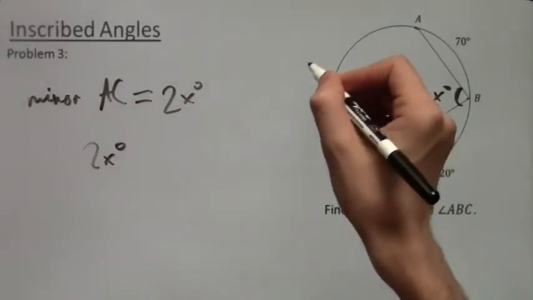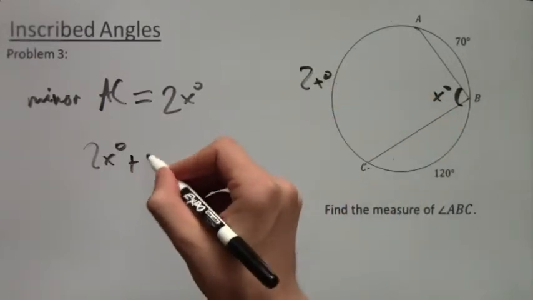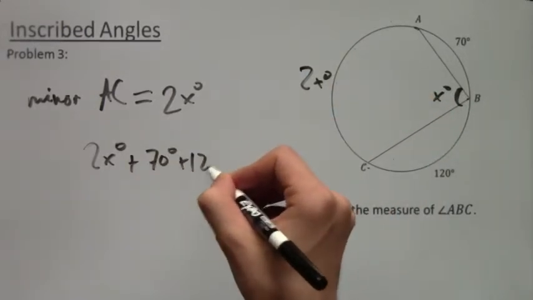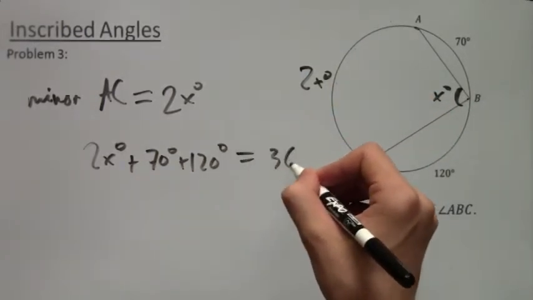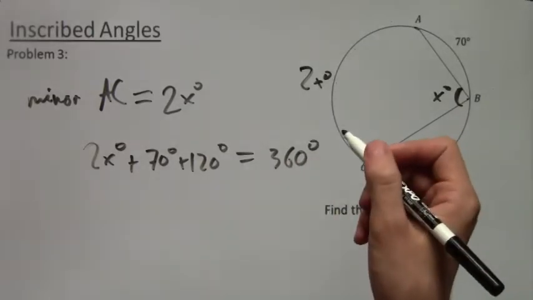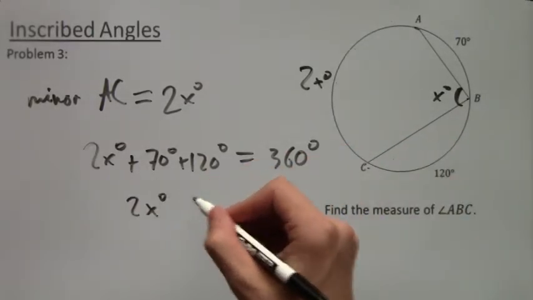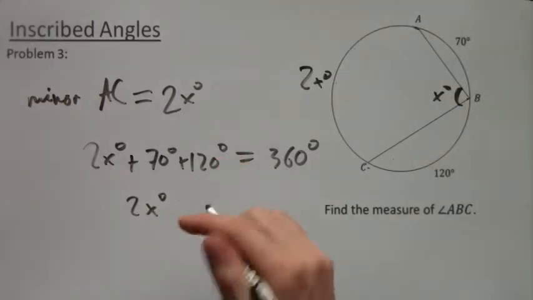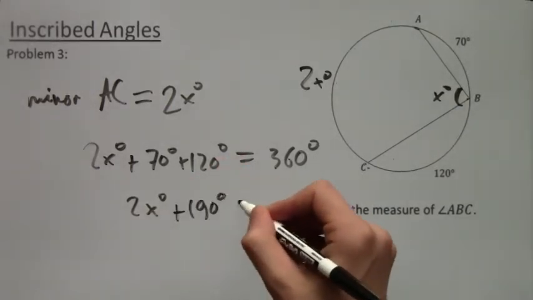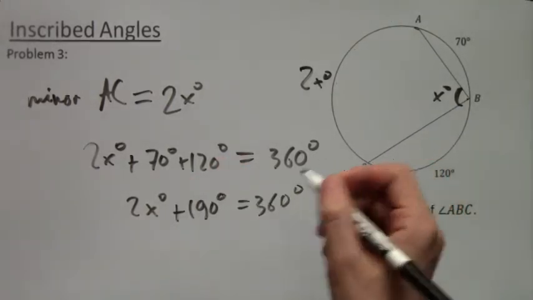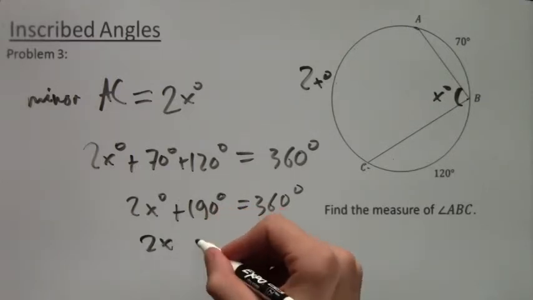We also know that 2x degrees, combined with the other angles we have a full circle, all these summed together is 360 degrees. So 2x plus 70 plus 120 is 360 in degrees. So we simplify this. 2x plus 190 equals 360.